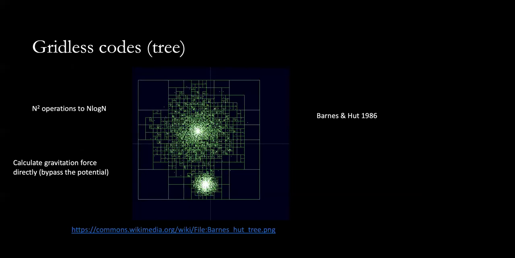These two methods exist because directly calculating the gravitational force on every simulation particle from every other simulation particle is an n-squared process. So if you have n dark matter particles, the time it takes to compute the gravitational force on each of your particles at each time step scales with n squared, which is computationally inefficient.